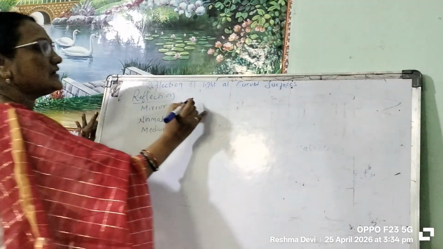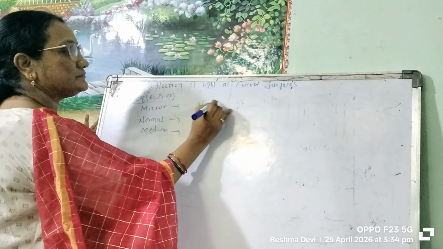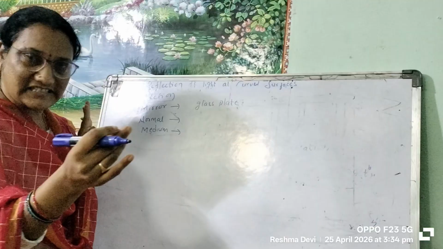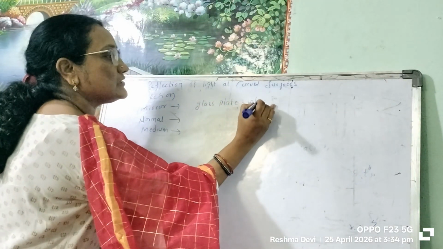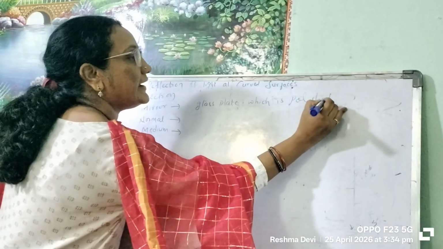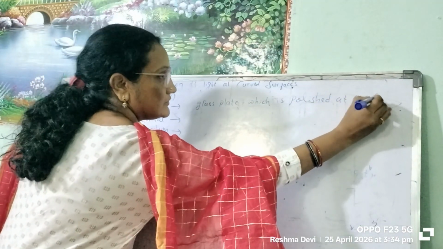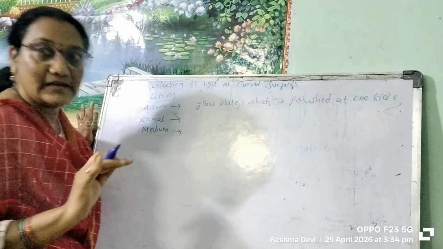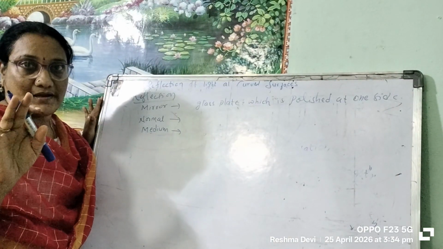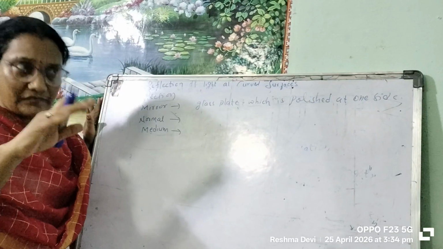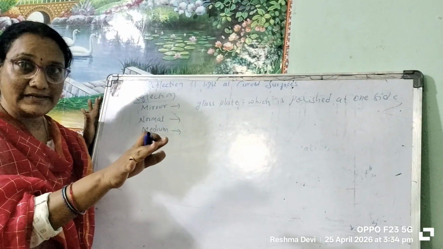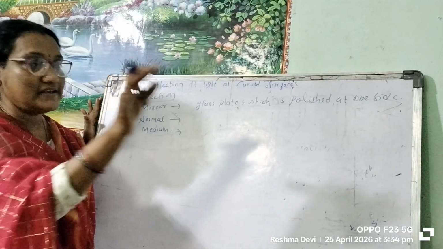Mirror is nothing but a glass plate, a general glass plate which is polished at one side. The other side, where we see ourselves, that plain side, we call the reflecting surface.